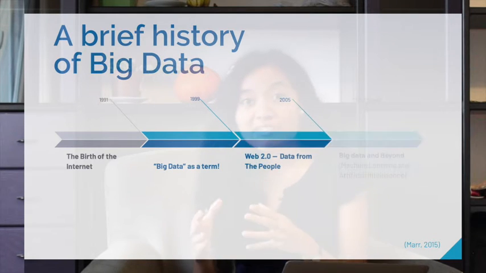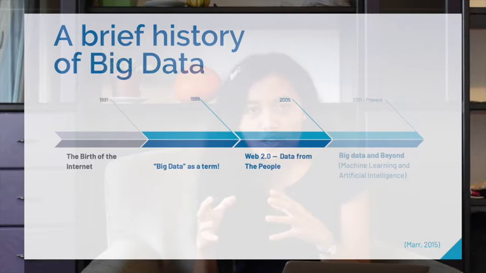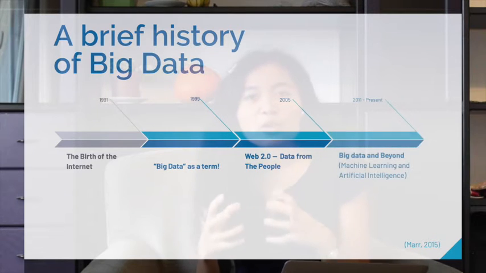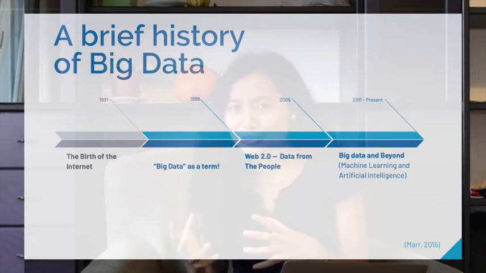And then 2011 to now, when we know about big data more, and we are also eager to make the best use of it with machine learning, neural network, deep learning, and all of these terms that are related to artificial intelligence.